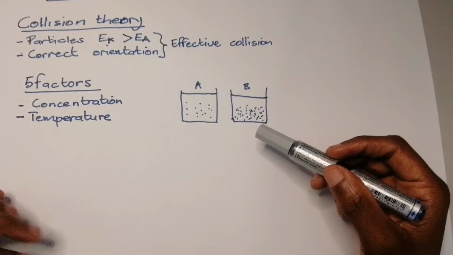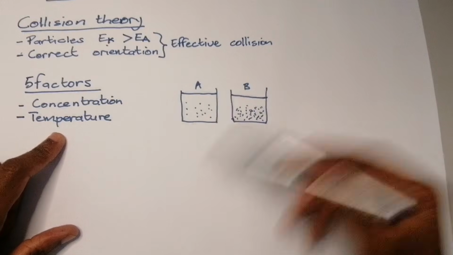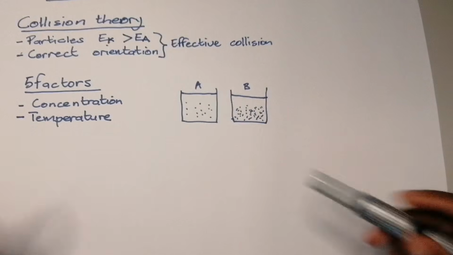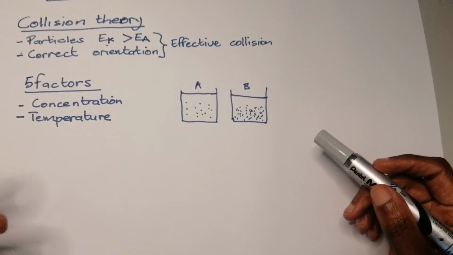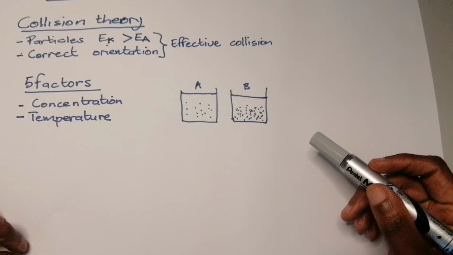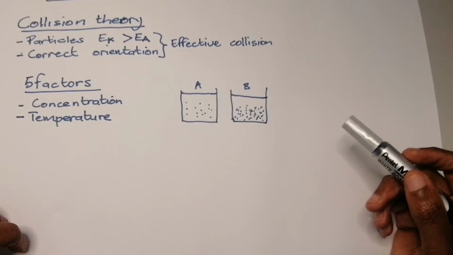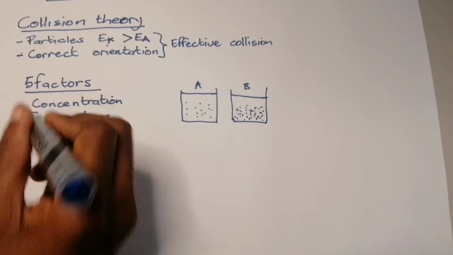When you increase the temperature, you are causing them to move even more. Their average kinetic energy becomes higher, and because there's more movement, there are more collisions per second, and as a result that increases the rate of the reaction. I hope I'm summing it up quite nicely.